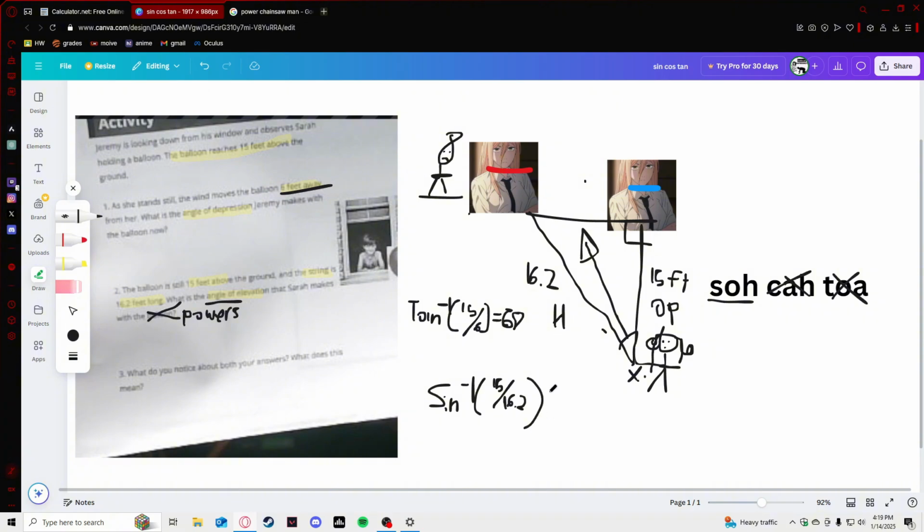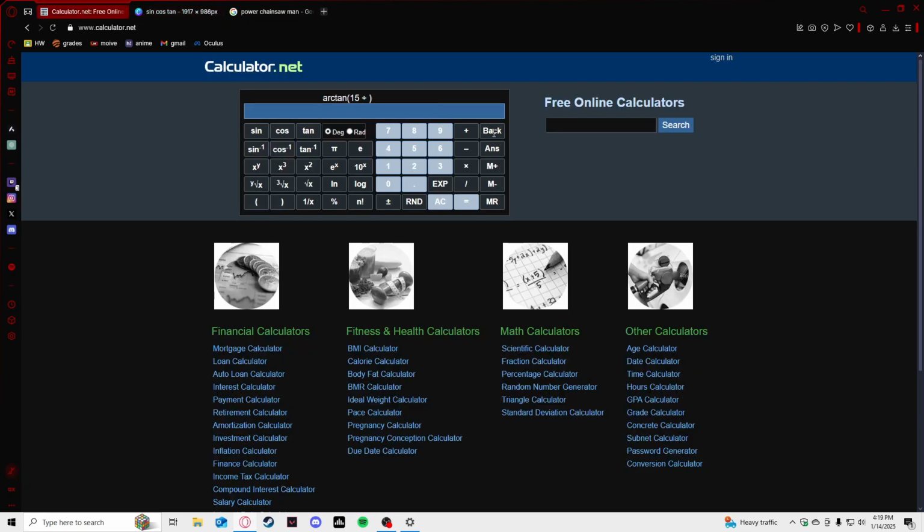So calculator.net, we go back, we go sin minus 1, 15 divided by 16.8, oh no, my fault, back, 16.2. And that gives us this jumble of numbers right here.